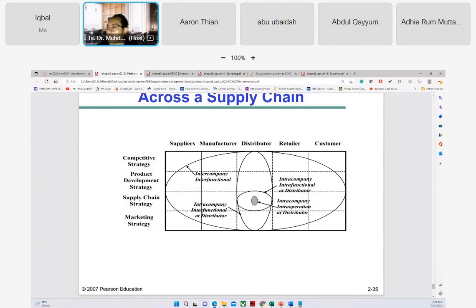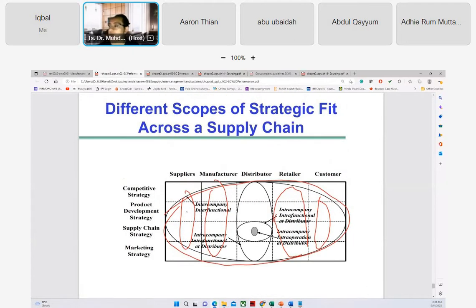Sometimes it only involves the distributor itself. Intercompany, interfunctional at the distributor, or maybe intercompany with the retailer. So that sometimes has different objectives. And the other extreme perspective is if you cover everything, the relation of your strategy fits in the scope of strategy fit in your organization.